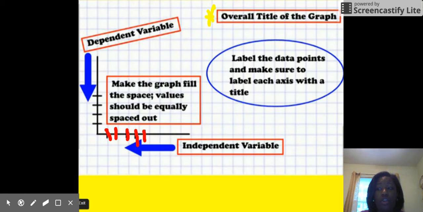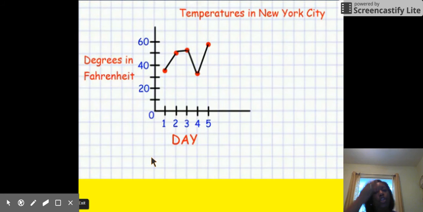And then you're going to be able to make the graph filled with that data that's equally spaced out, okay? So for example, we have temperatures in New York City. We have our X and our Y axis. You see it doesn't say just dependent, independent variable.